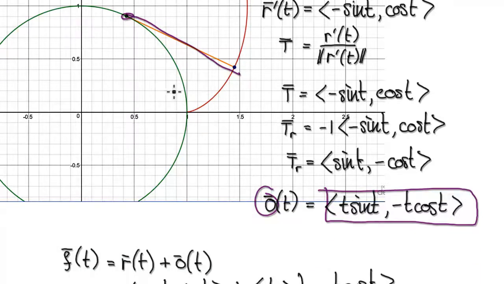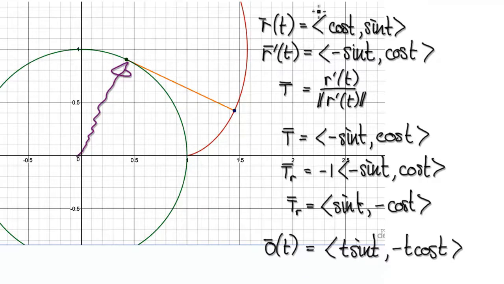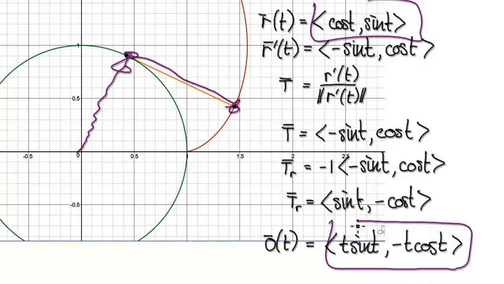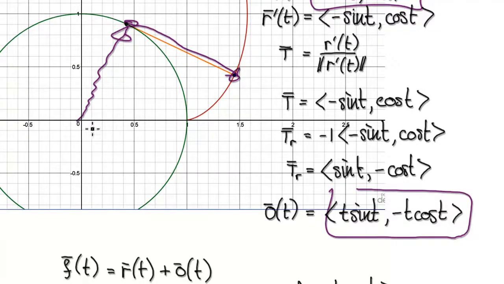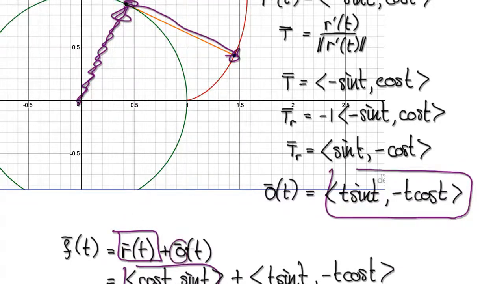So if we want to get from here to here, we would move along here, which is given by this, and then we would add it to this orange vector. So we would travel along here, which is given by this, and then we would add it to the orange vector here.